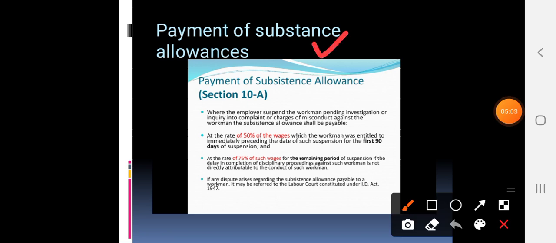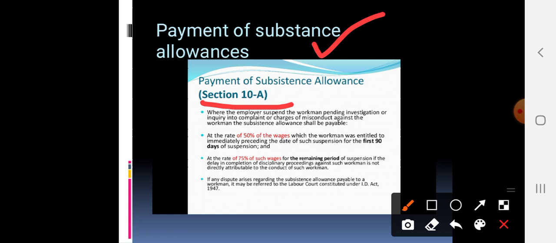Next is payment of subsistence allowance. As per section 10A, if any workman is suspended by the employer pending inquiry into charges of misconduct against him, then he or she should get 50% of the wages that he used to get previously, for the first 90 days from the date of suspension.